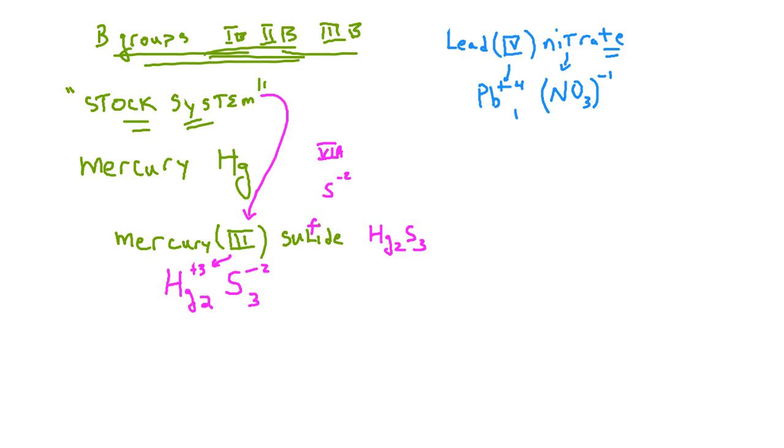So the correct formula for lead(IV) nitrate would be Pb(NO3)4. NO3 is nitrate, and then put parentheses, and I have 4 of those, so there's the correct formula.